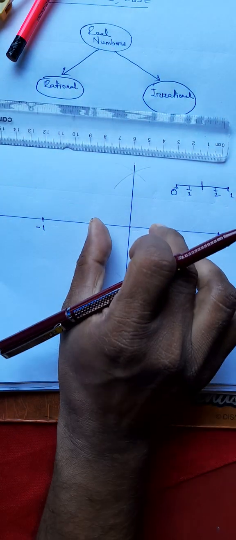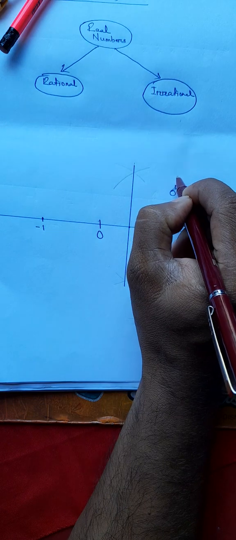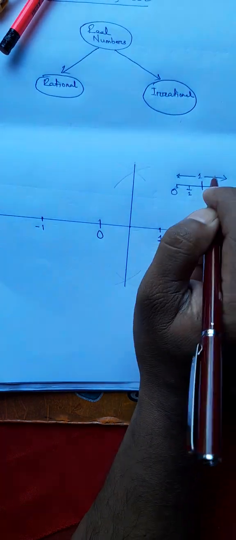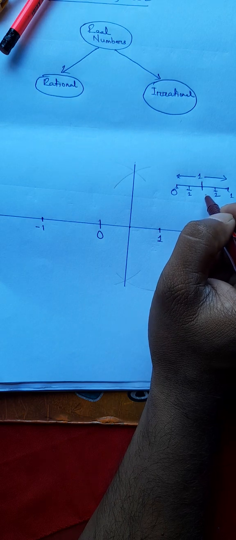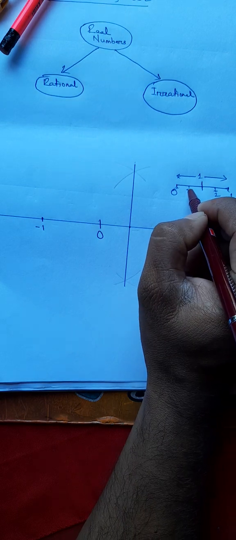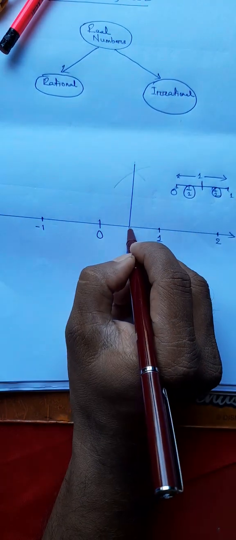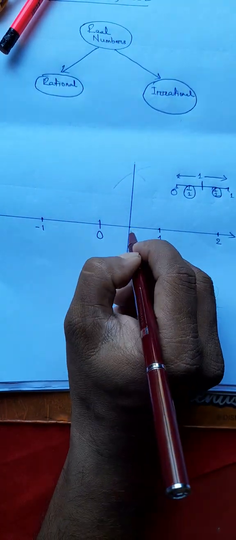You are dividing this line segment into two equal parts. Its length was 1 unit. Now since you are dividing into two equal halves, every portion will represent one half. So this point will represent half.